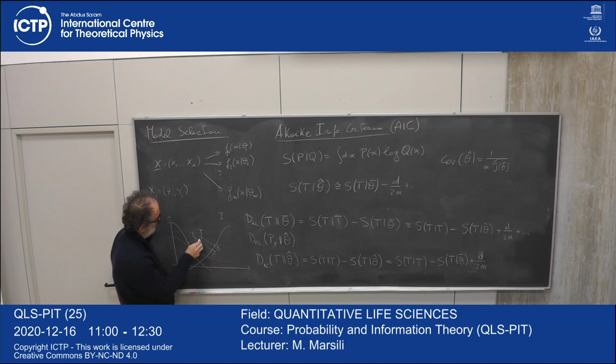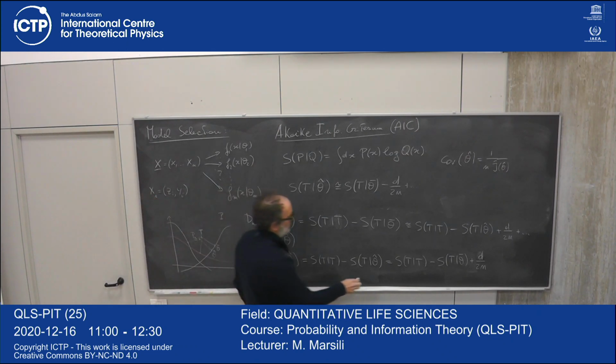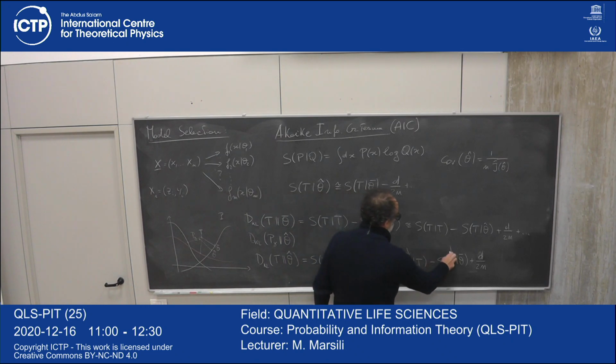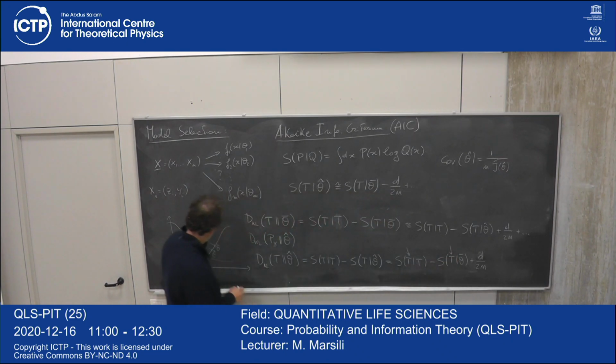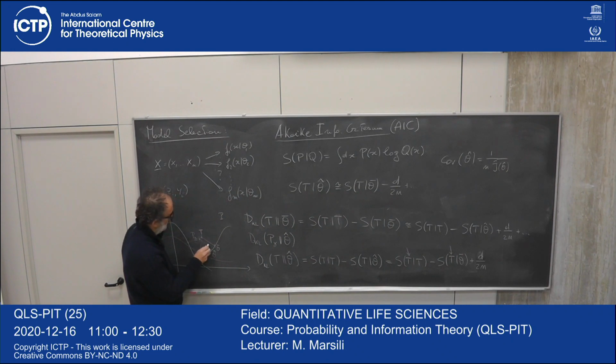So if in this equation I substitute t by P, I'm not going to make a big error, because when n is very large, these two distributions are going to be very close to each other.